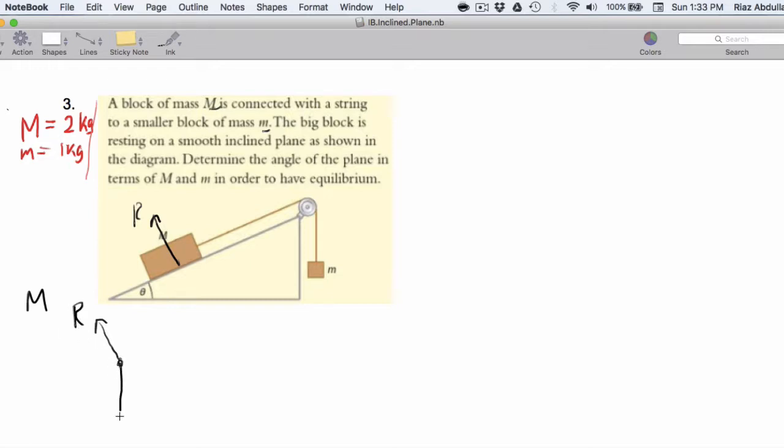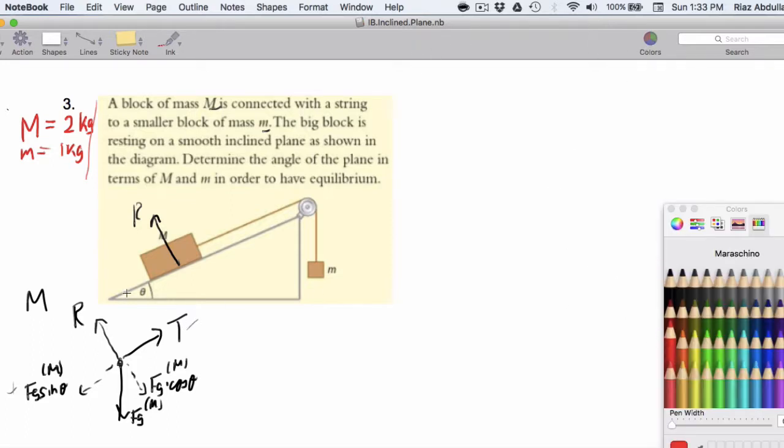R, FG of big M. This is FG cosine of theta of big M. And this is FG sine theta of big M. Again, sine makes you slide, cosine cancels contact. And then we have this tension force going like this. So notice these two are on the same line, and these two are on the same line. Again, with inclined planes, these are the axes. That's just how it is. Y-axis, x-axis, get that memorized.